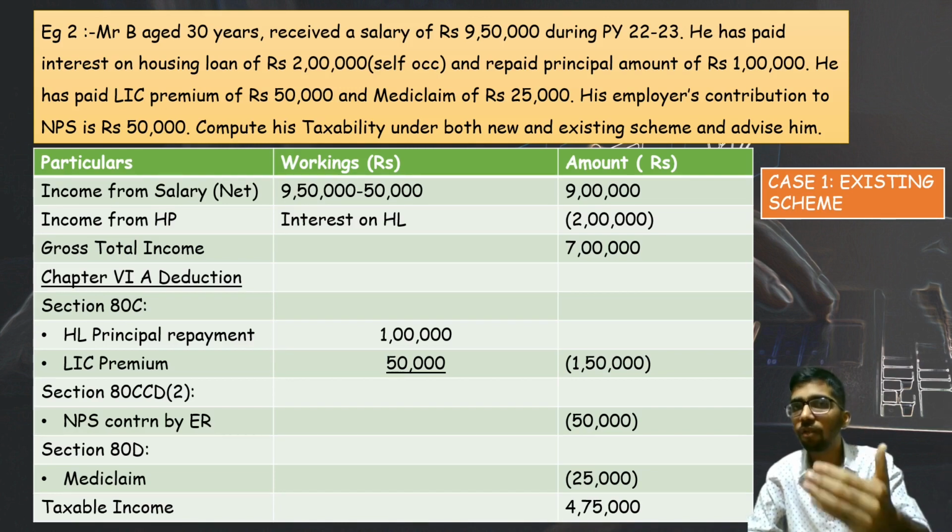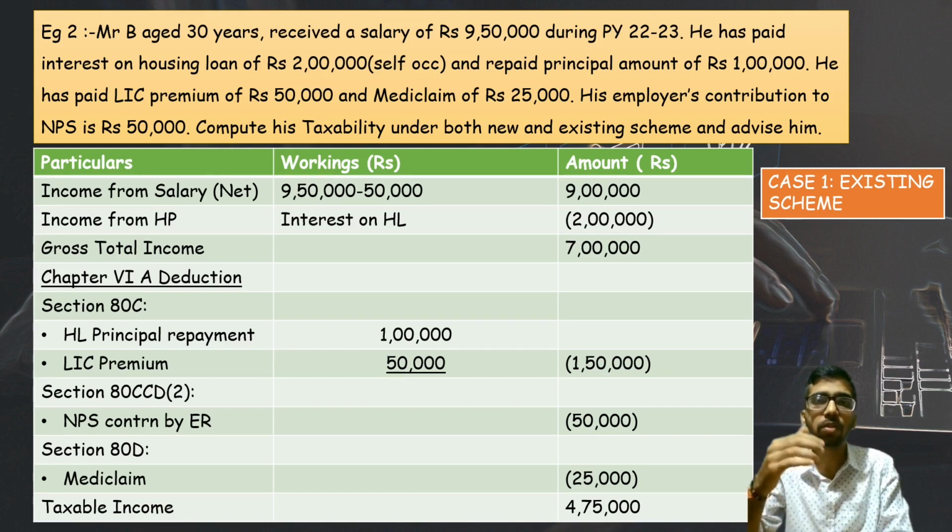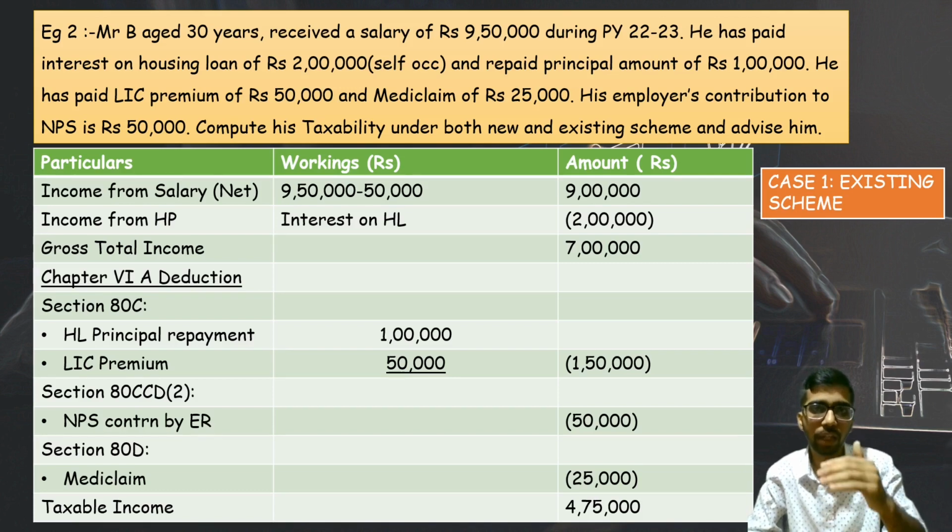In addition, his employer's contribution of 50,000 under Section 80CCD(2) is available. And 80D, the mediclaim or health insurance premium he has paid, that is 25,000, is also available under Chapter 6A deductions. So his taxable income comes to 4.75 lakh.